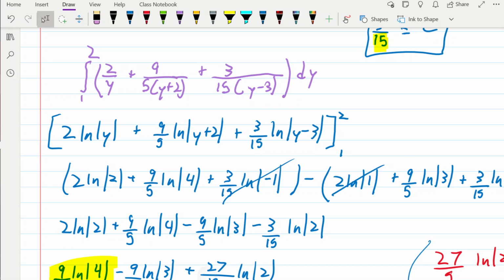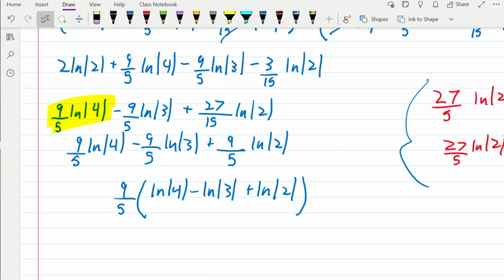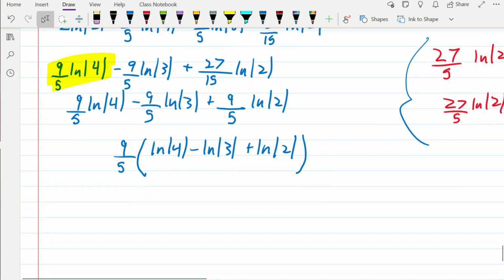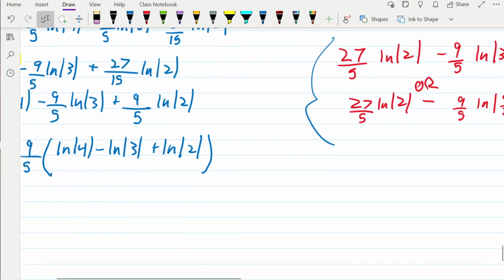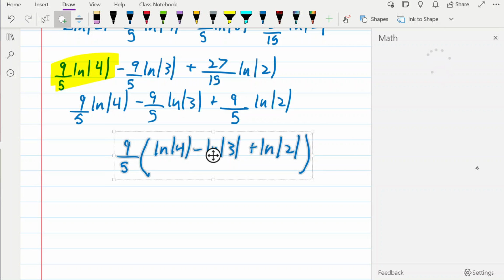Yeah, because these all have to be ln's. Huh. I am just curious. Maybe this is another way to write it? That is always a chance.